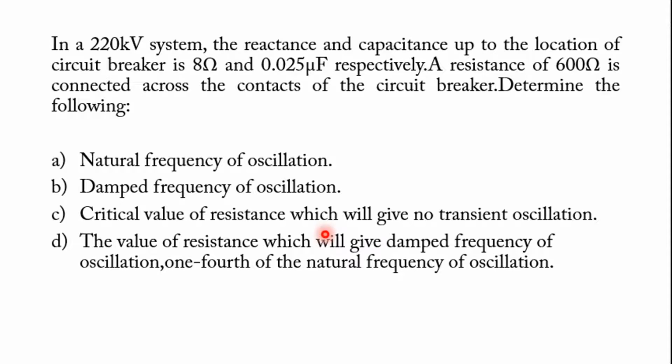As you can observe here, the data is given: the system voltage is 220 kV, the reactance, that is the inductive reactance, is 8 ohm, the capacitance is 0.025 microfarad, and the resistance which is connected across the circuit breaker contacts is 600 ohms. So we will write down these data first.